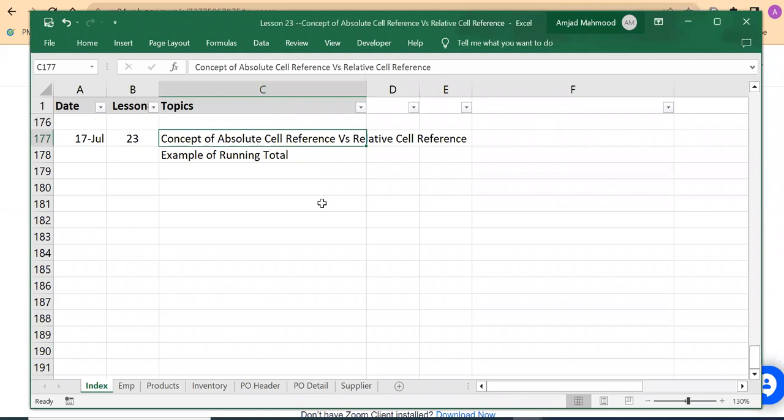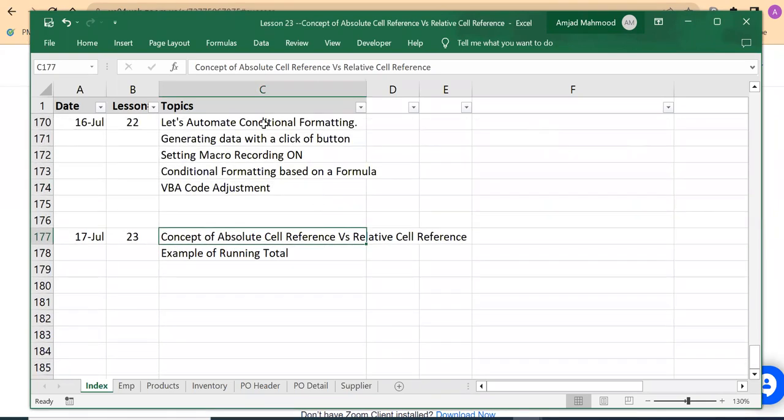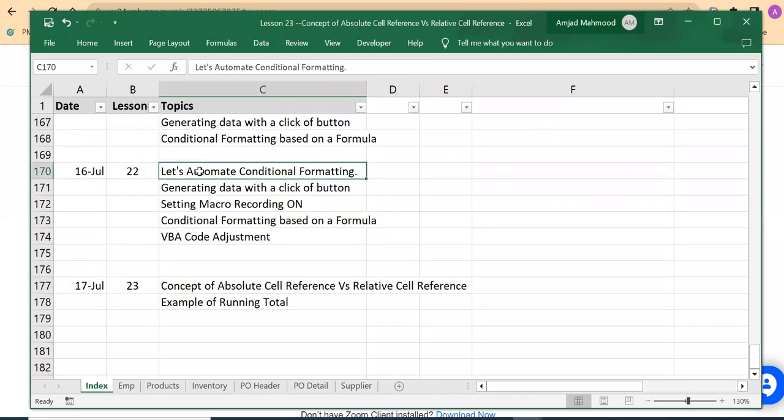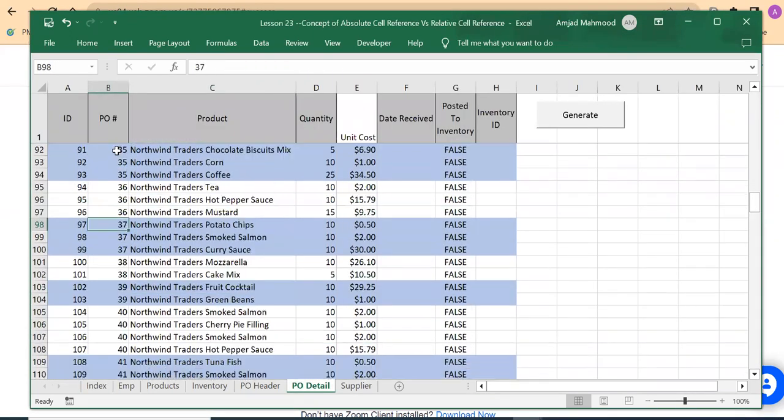Okay, in this video, let's discuss the cell references we use in formulas. In our previous video, we used an absolute address while doing the conditional formatting, B2. You remember? B2 was the purchase order.